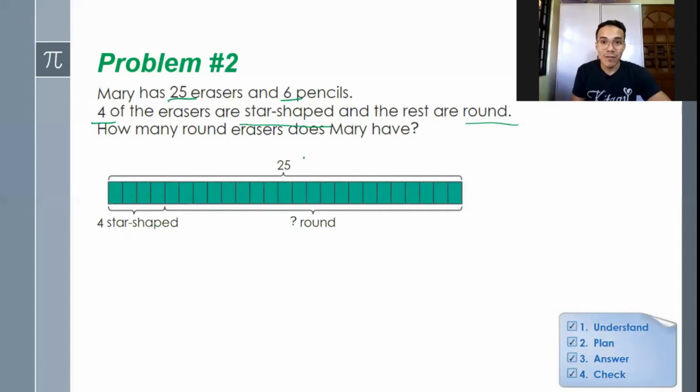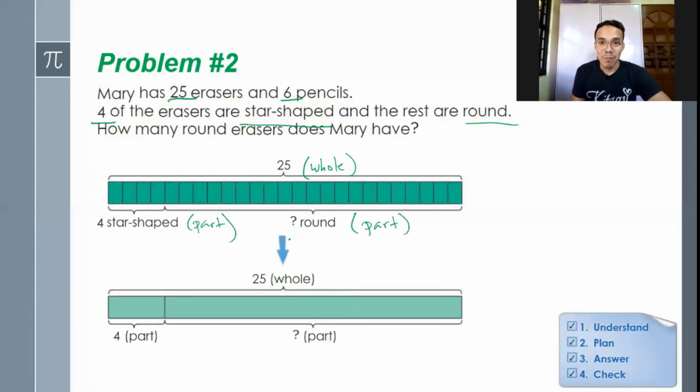So the 25 here will be considered as the whole. The 4 star-shaped erasers will be considered as a part, and the round erasers will be considered as a part. Or we can draw our model in this manner. So we have 4, question mark, and 25.